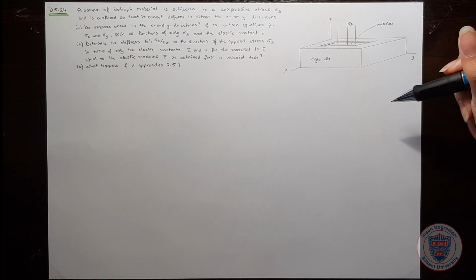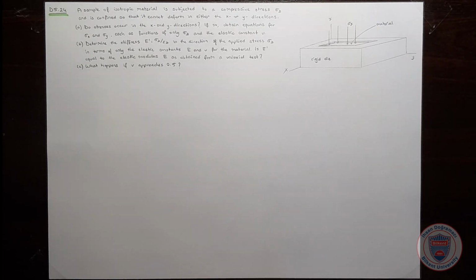If there are, we will find the equations for them. In part B, we will determine the stiffness in the direction of sigma z. And finally, in part C, we will discuss what happens if Poisson's ratio approaches 0.5.